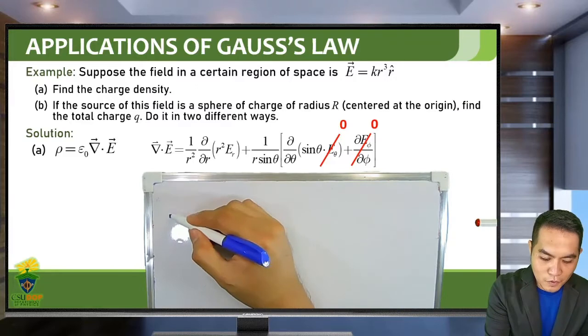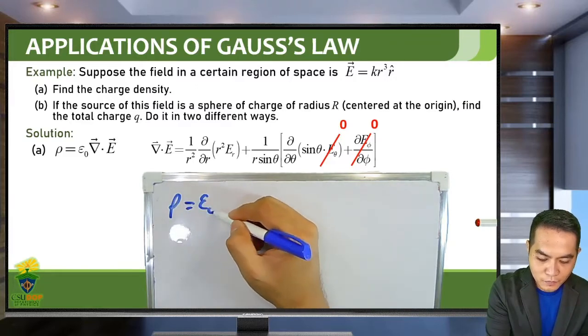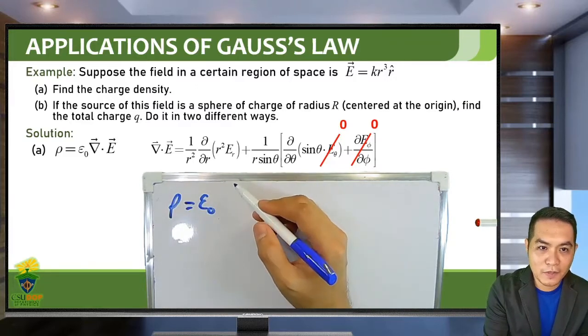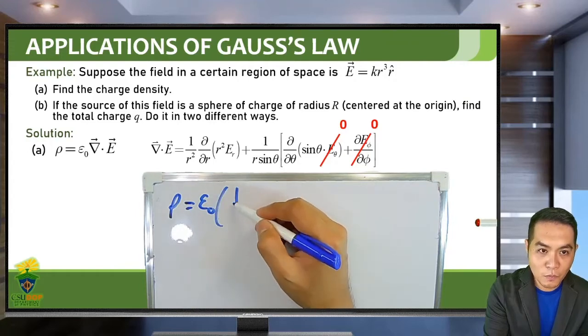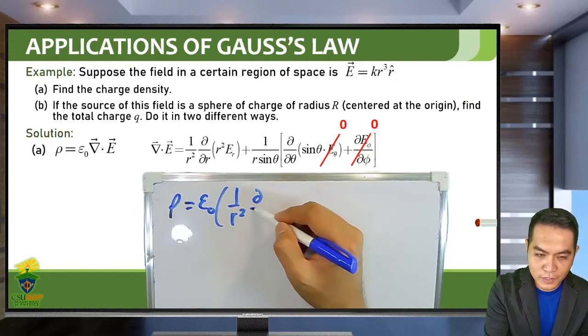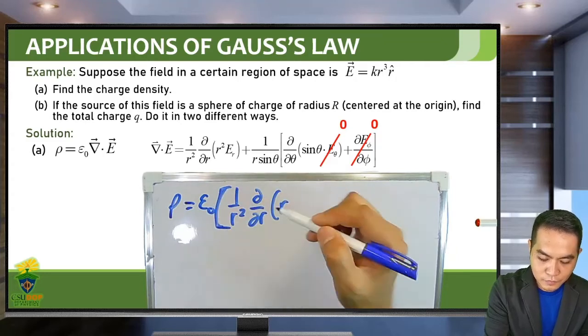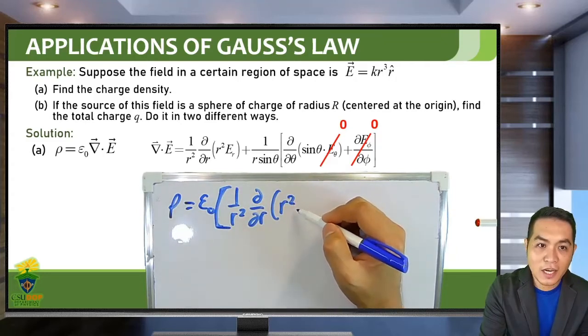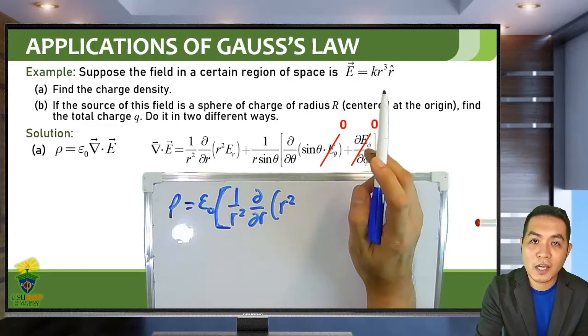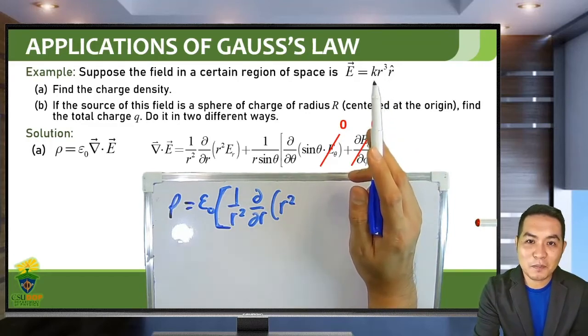So our rho will now be equal to epsilon naught times the divergence of E, which is just 1 over r squared, partial with respect to r, of r squared times E_r, the r component. You will notice the electric field only has an r component, k r cubed.